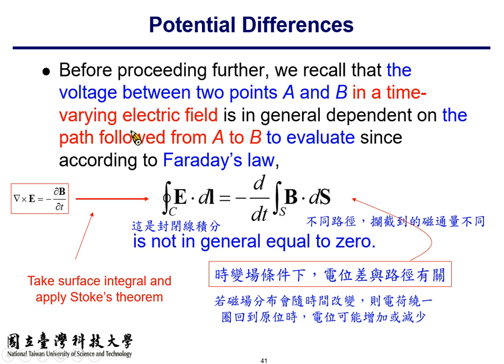On the other hand, if the steady field condition is not true, then the closed loop integral will depend on time, depending on how much change of magnetic flux passes through the surface enclosed by the loop C.